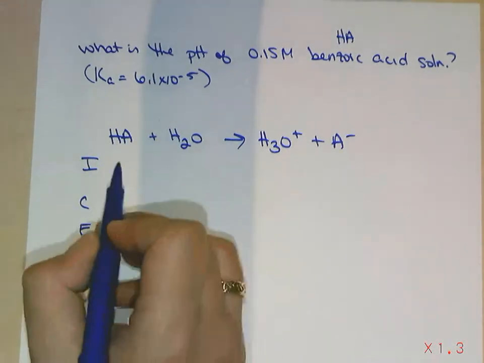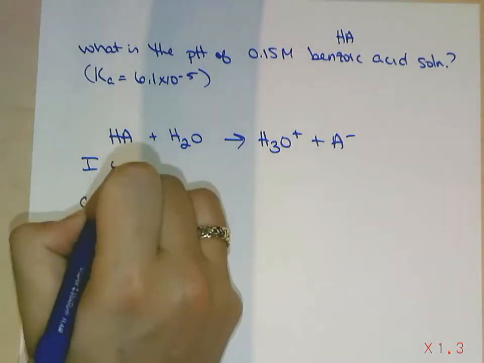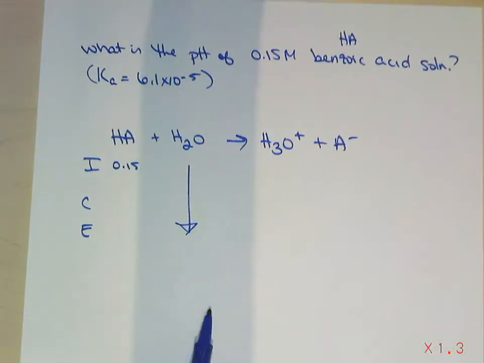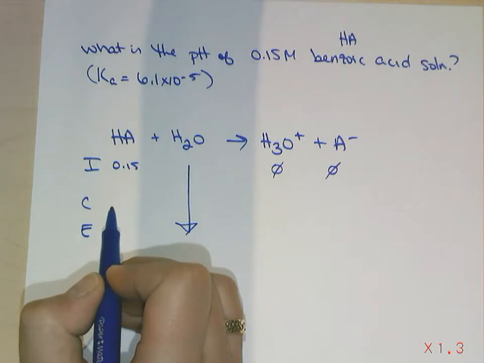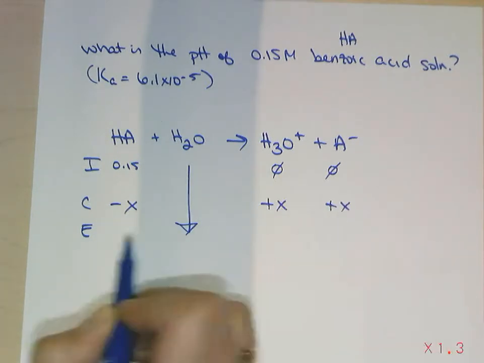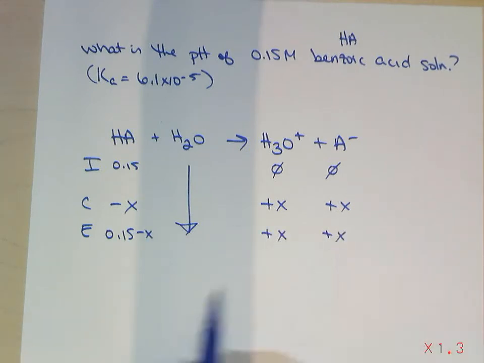So what do I put in the initial column for my acid? What about these guys? Zeros. Plus X, minus X. I got some pluses over here. What's this one?